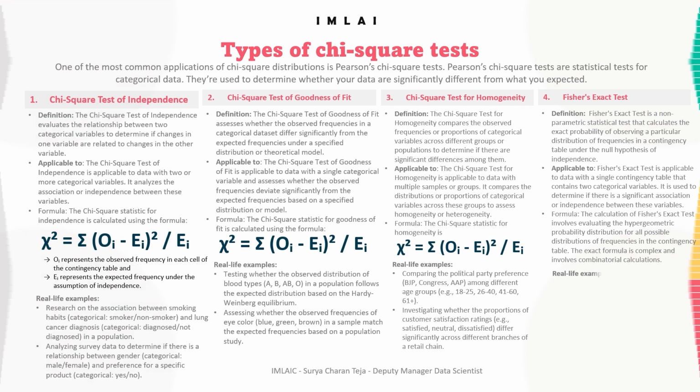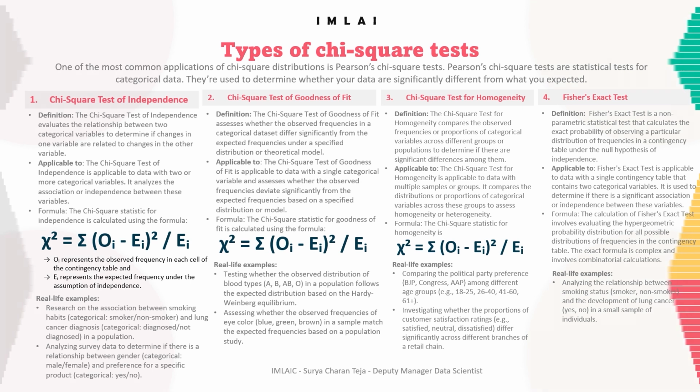Real life examples: analyzing the relationship between smoking status, smoker or non-smoker, and development of lung cancer in a small sample of individuals; investigating the association between gender, male or female, and job satisfaction level, satisfied or dissatisfied, in a small workforce. Everything, if it is small, this can be applied exactly. That's why it's Fisher's exact test.